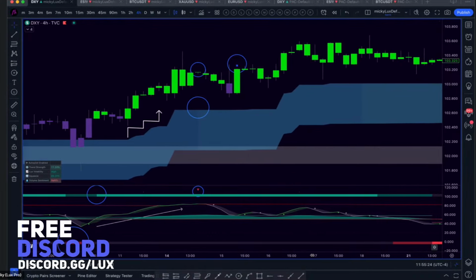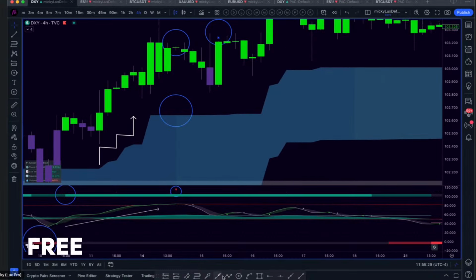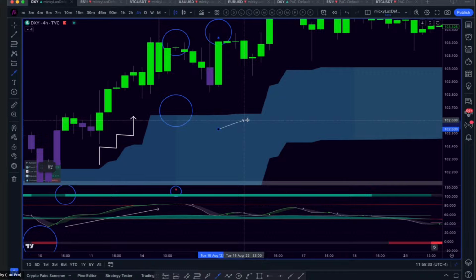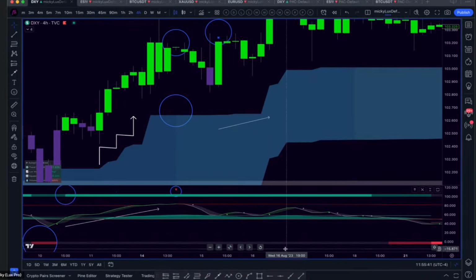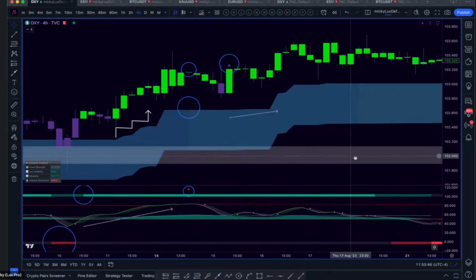If you could see slightly, let me enlarge this. You see this? Look at that small stair stepping up. You see that right there? That could be a clue to hold on, right? Let's move it forward a little bit.